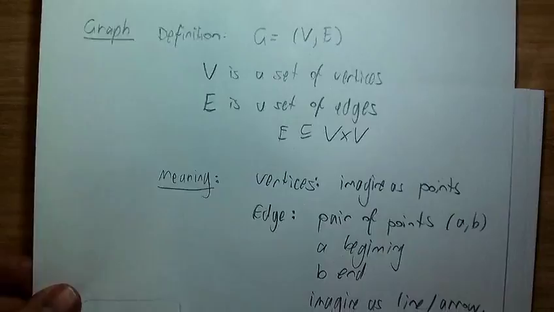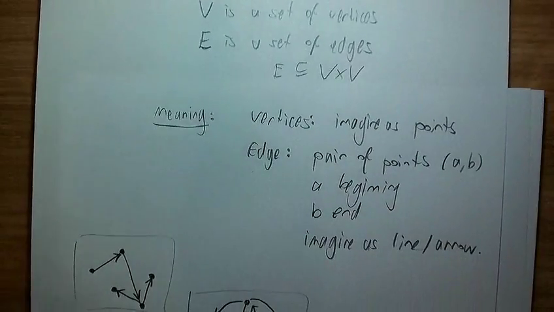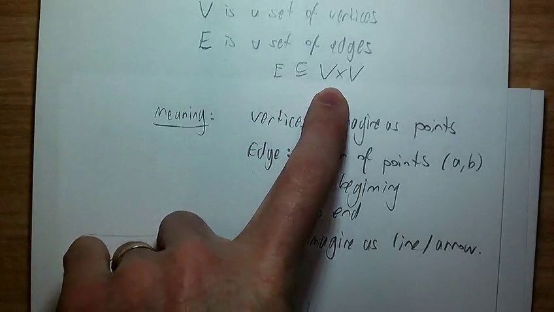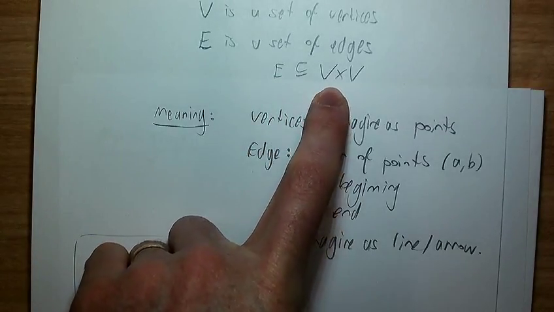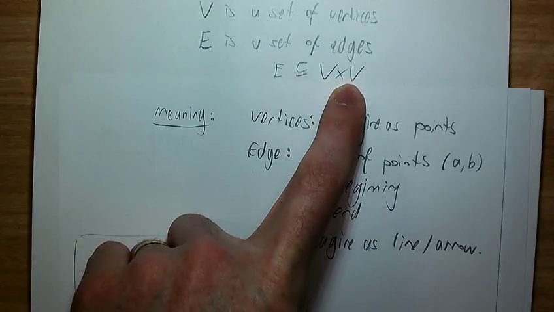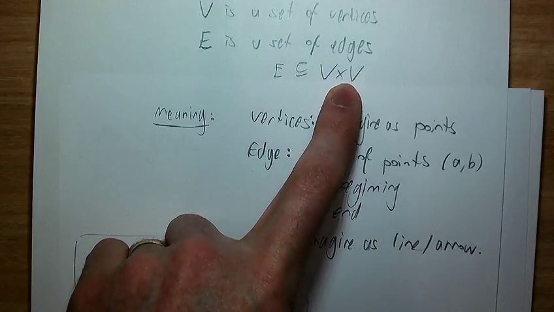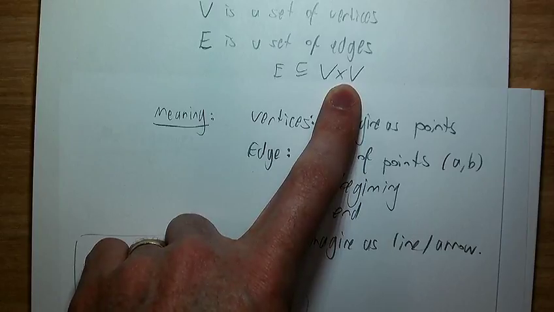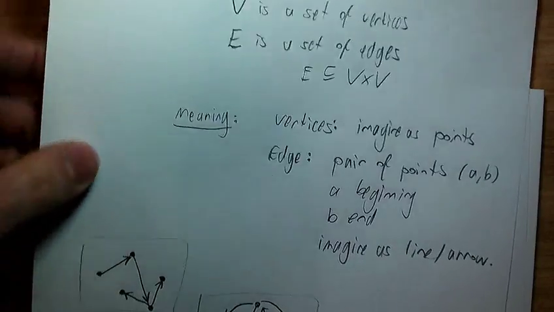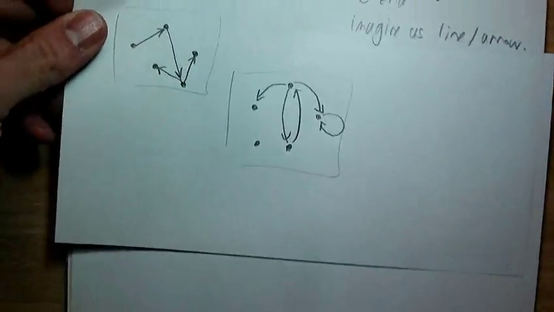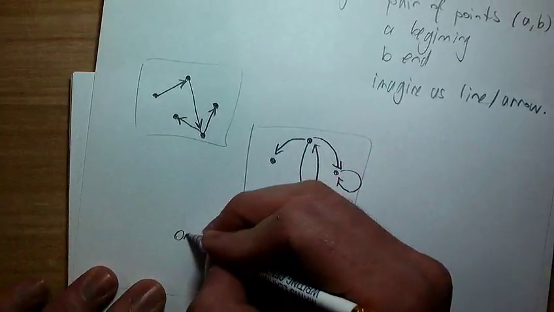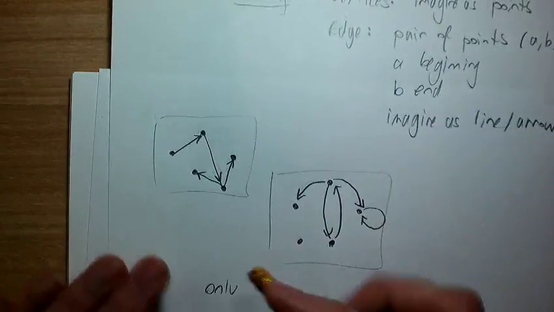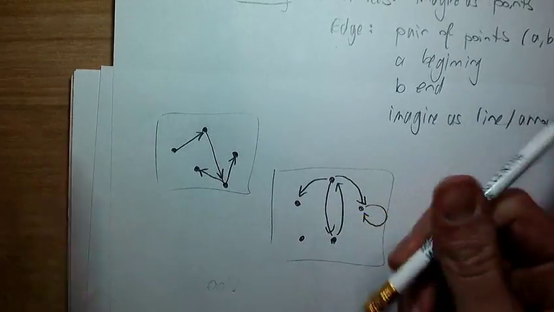One of the things about this definition is that when we talk about a set being inside V cross V, that means that the edge, that arrow, is only there once. So if point 1 and point 2 are connected by an arrow in that direction, then there's only one arrow going there. That's an assumption that's not stated, but it is implicitly part of it. So at most one edge goes from one place to another.